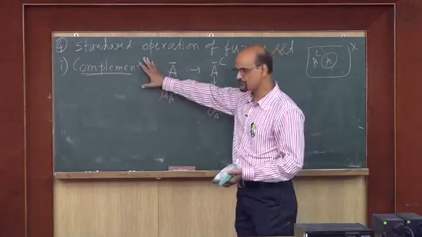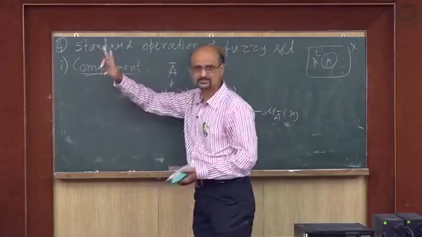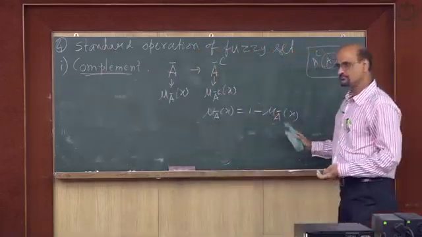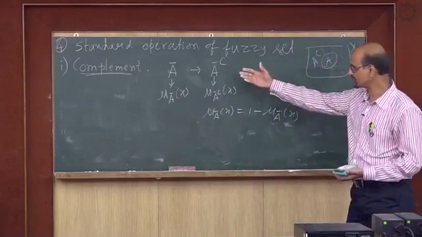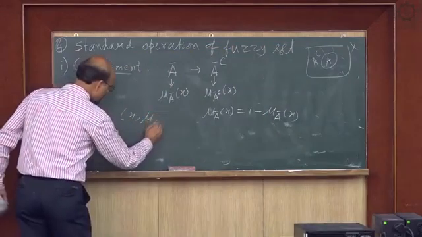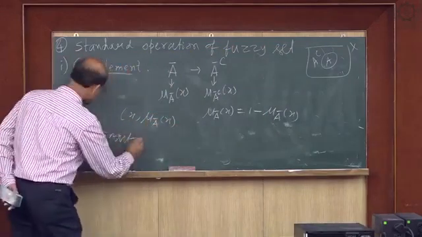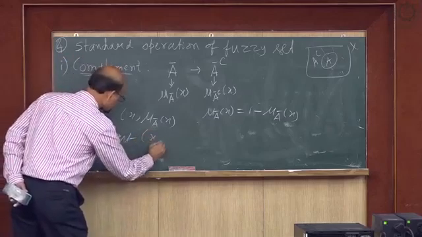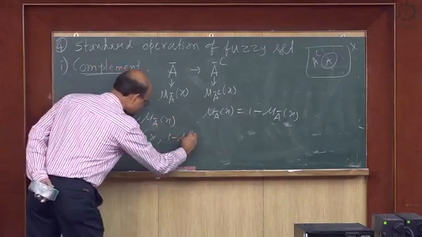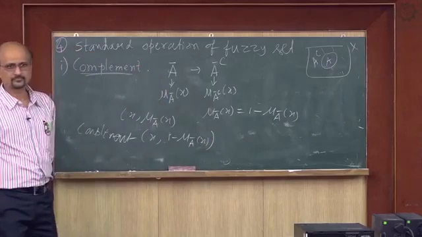Complement is very important, I will go into a little more detail after the other two standard operations. So whatever fuzzy set is there, I can write it as pairs of x and mu A bar x, and for its complement I have x and 1 minus mu A bar x.